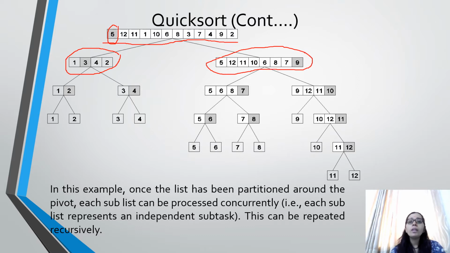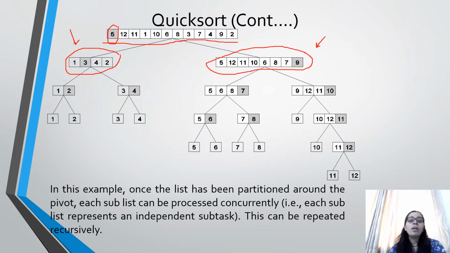As we can observe, the elements less than 5 are 1, 3, 4, 2.